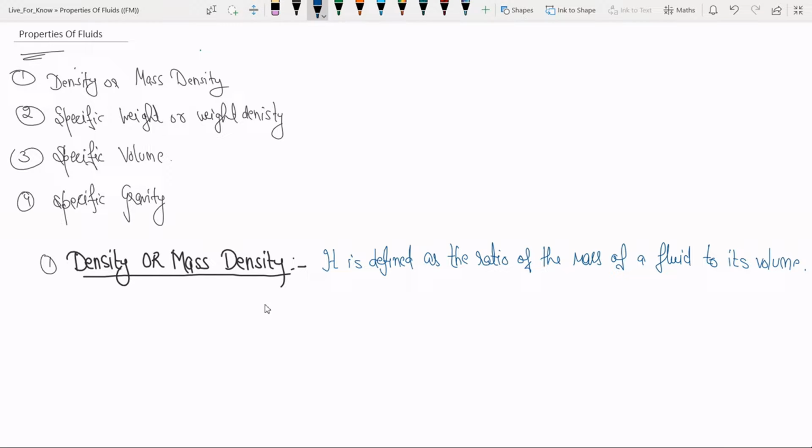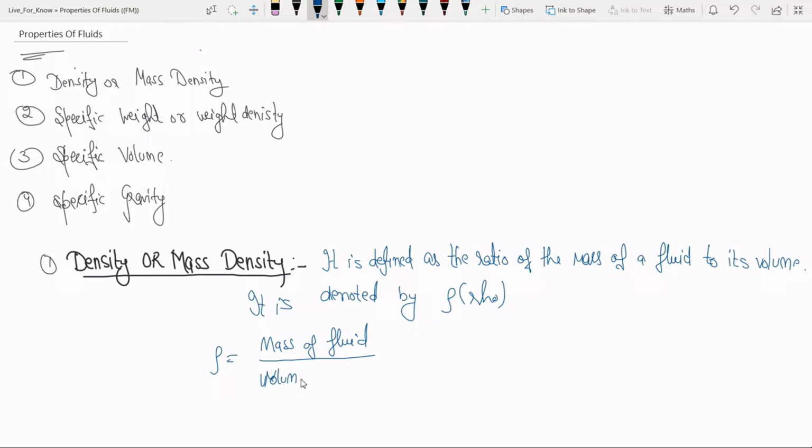And one thing, we denote it by rho. So rho is equal to mass of fluid by volume of fluid.